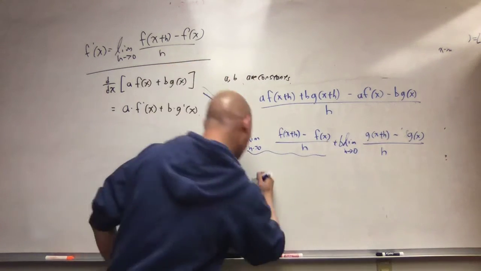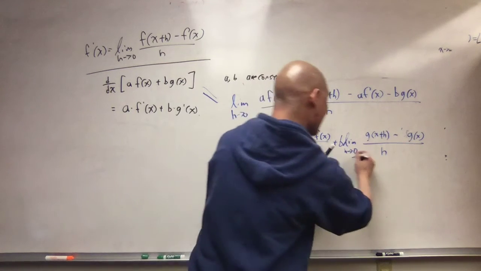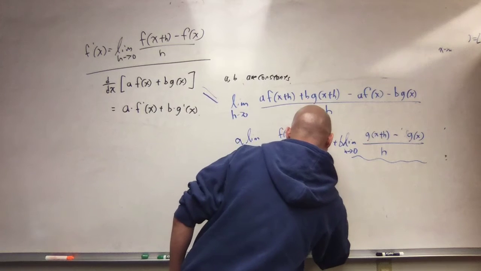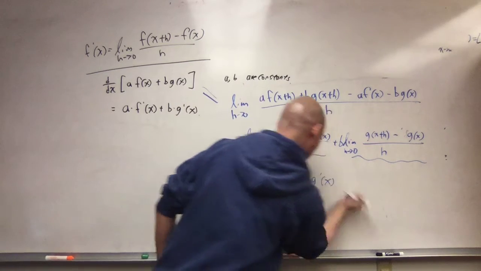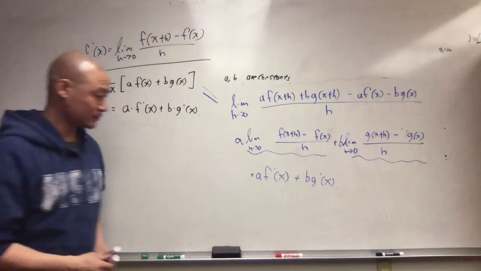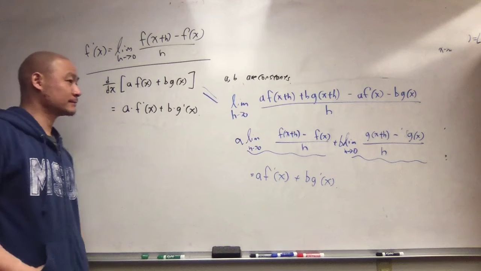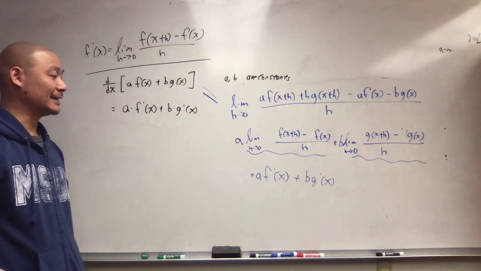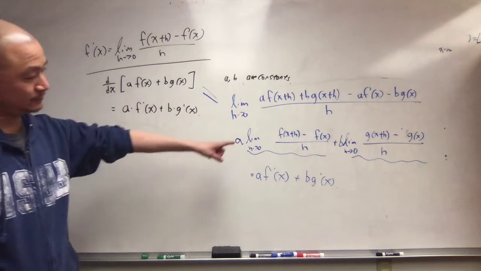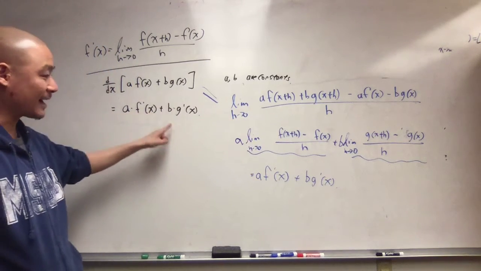And this whole thing here is just a f prime of x, and this whole thing here is just b g prime of x. And so that is the proof that this fact holds.